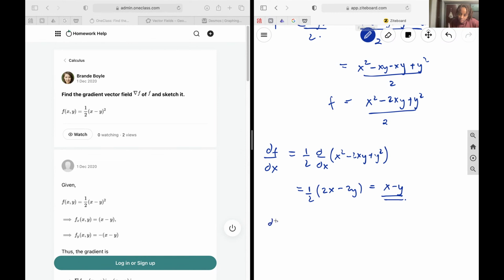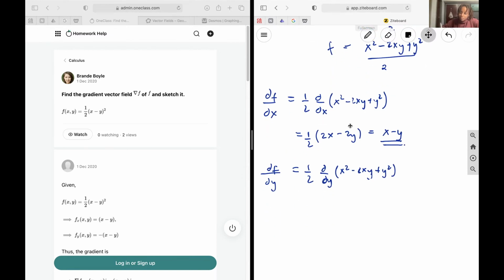Next up, I do the same thing, but the partial derivative with respect to y. Again, pull out the 1 over 2, x squared minus 2xy plus y squared. For this one, x squared gives us nothing because it has no y dependence, and this will give me negative 2x plus 2y.